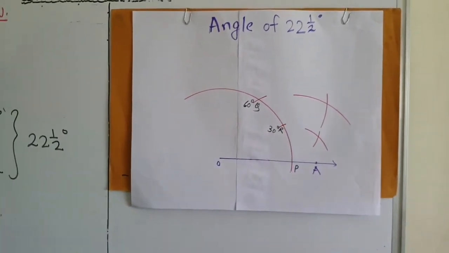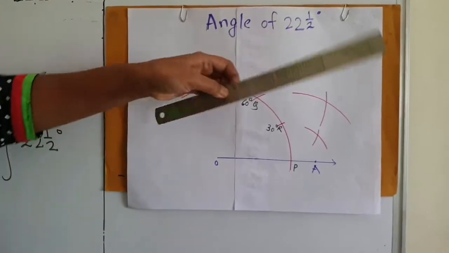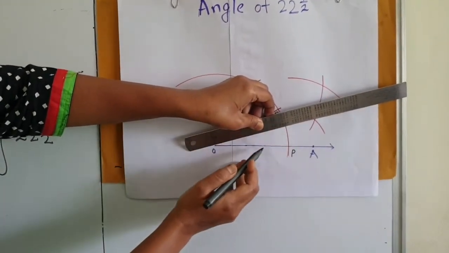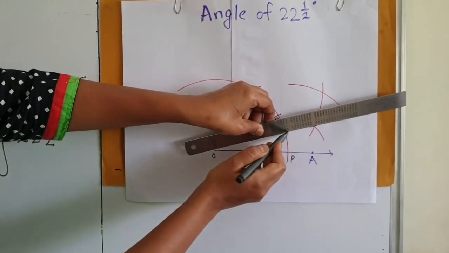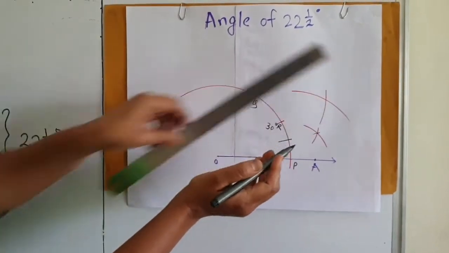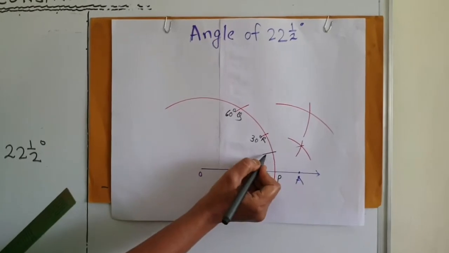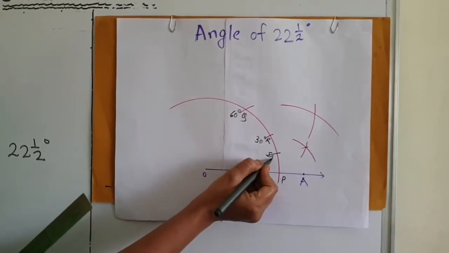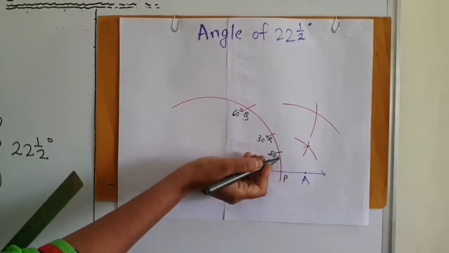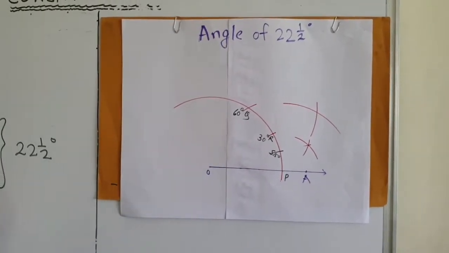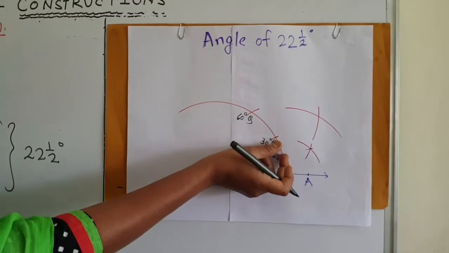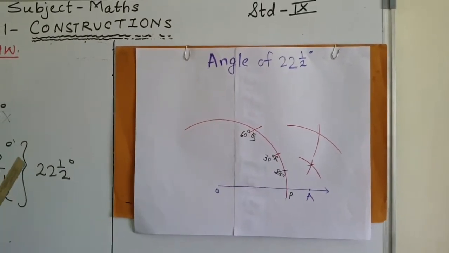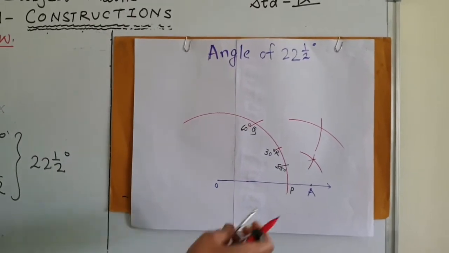So this is how you get the point, and from here you join this, so you are intersecting this arc at S. Now you can see this arc will give us 15 degrees. Now 15 degrees plus we want 7.5. So this arc we have to bisect again.